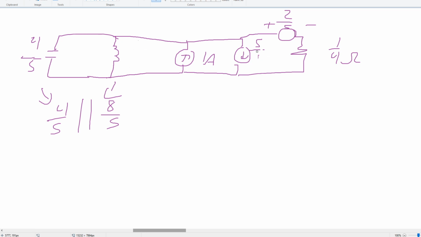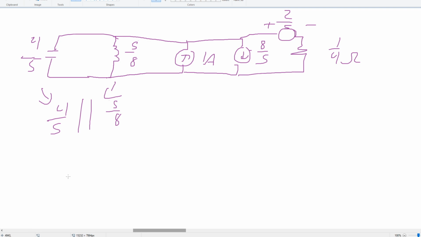And this is supposed to be 8 over S. I just switched these two. S over 8 and 8 over S, and then this one as well, this one will turn into S over 8. Alright, so you have these two values.